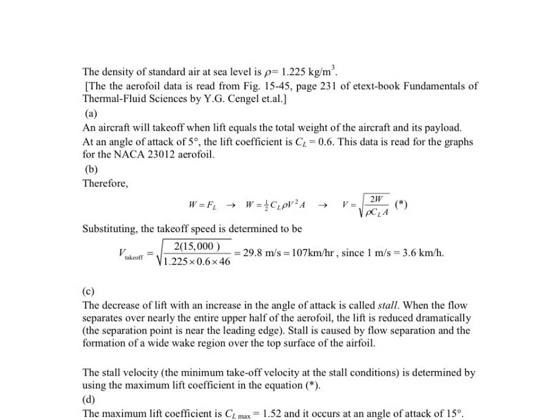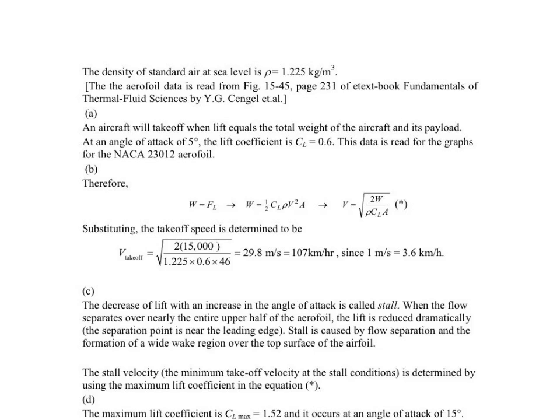We know that at takeoff the weight of the aircraft is equal to the lift force. We substitute the lift force with half times the lift coefficient times the density of the air times the takeoff speed squared times the planform area of the aerofoil, and we make V the subject of the formula, and we get this expression.